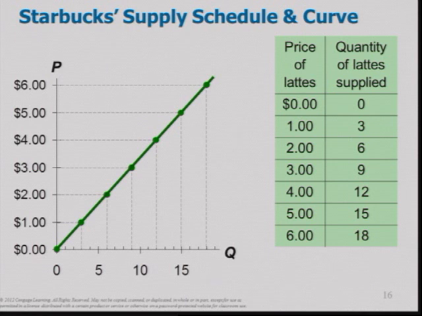So if a coffee is $2, how many total coffees are going to be sold? Cups of coffee? 6. Yeah. So if they're $3 each, a total of 9 will be sold. So this is per unit over here. This is total over here on the quantity axis.